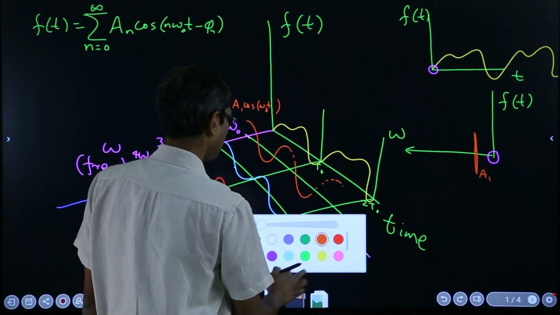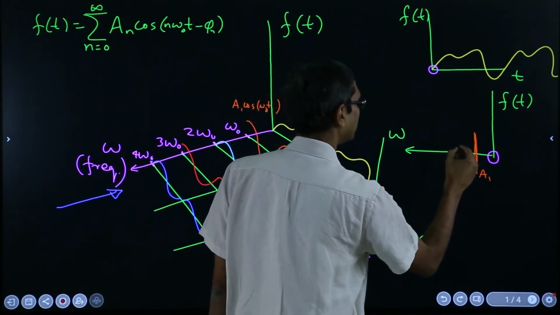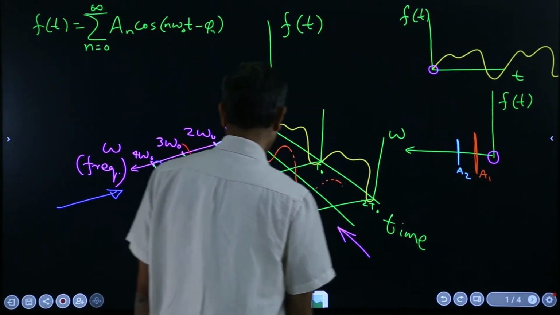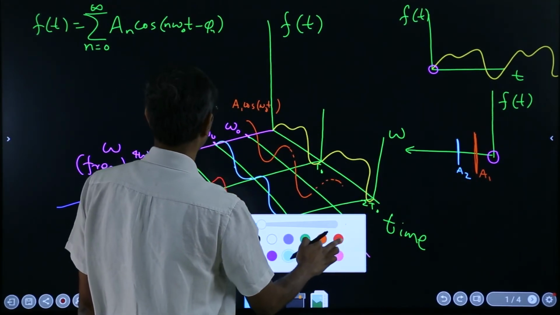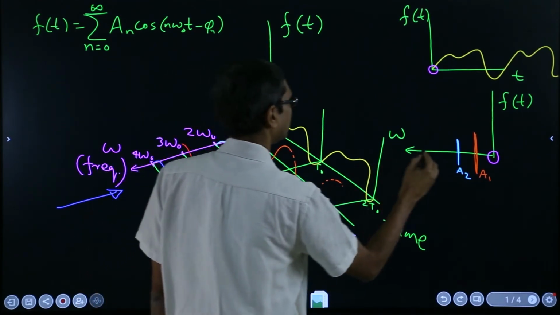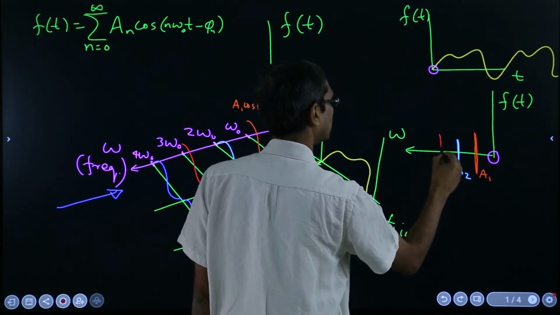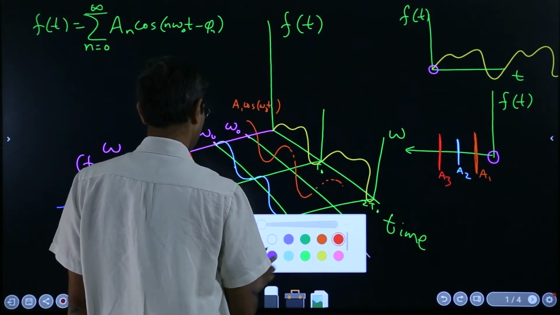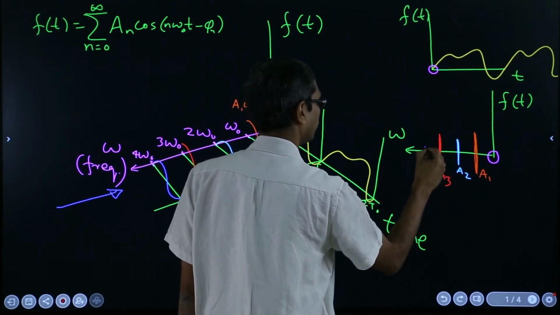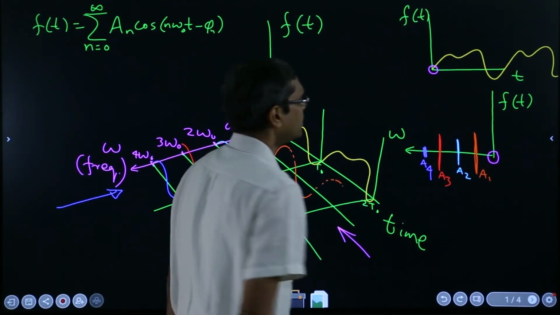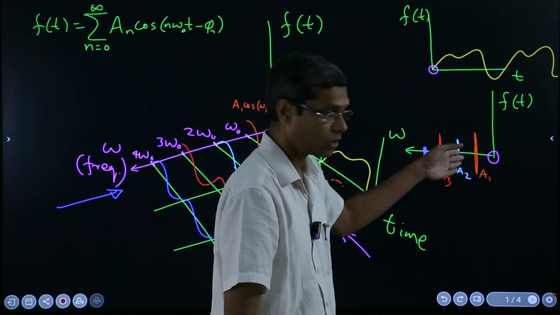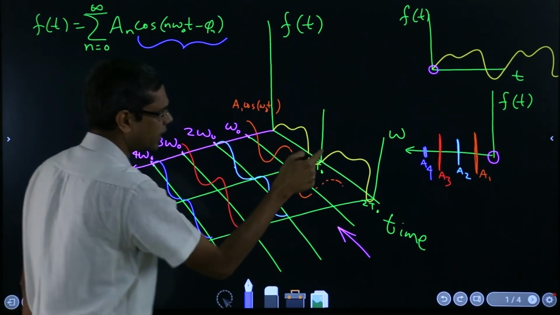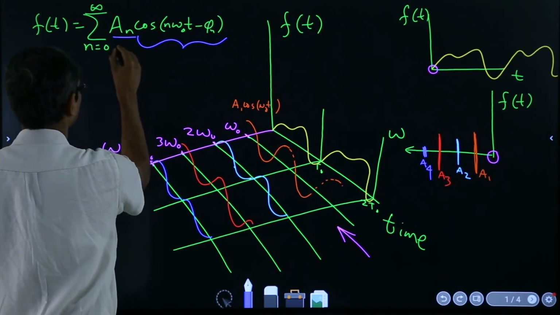Similarly, this one you will see with a2 amplitude, here a3, and here a4. So these are the sine functions or the shifted cosine functions, and you are looking at them from this side.